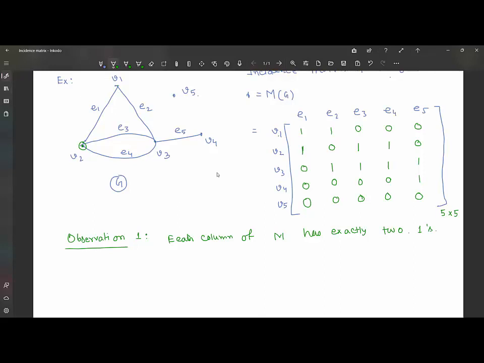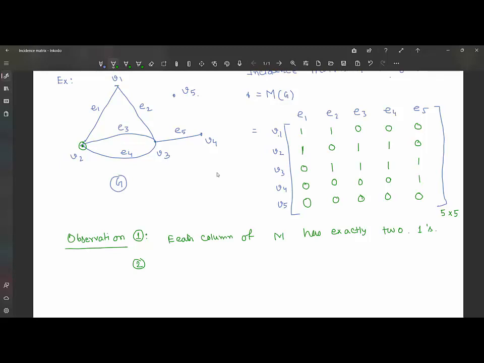Okay, and then one more thing, observation two. If you look row-wise, you can see that the total number of ones in a row actually represents the degree of that vertex. So if you see V1, there are two ones, so that means the degree of V1 is 2.